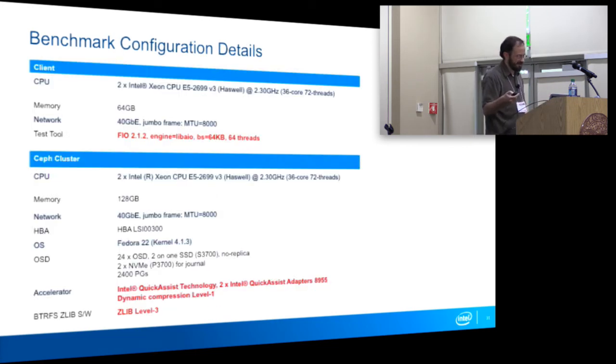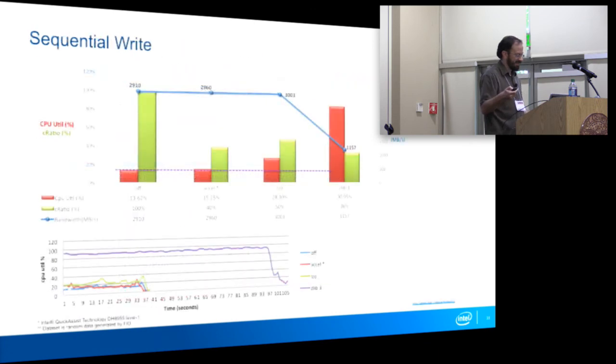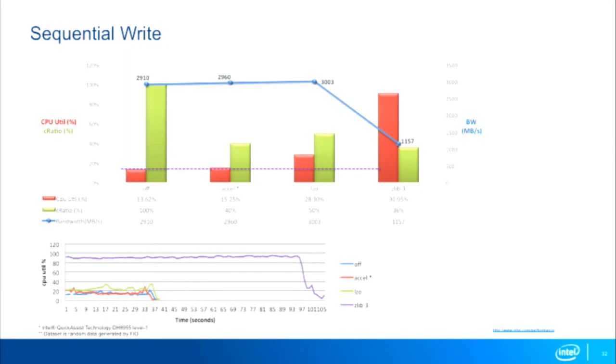Some system details, but what they can see is, again, when you do hardware acceleration, the CPU utilization goes way down. And then the time plot at the end: when you're using zlib, of course, it takes much longer. When you're using zlib level 3, you've pegged the processor, basically, and you've doubled the time to write it out.